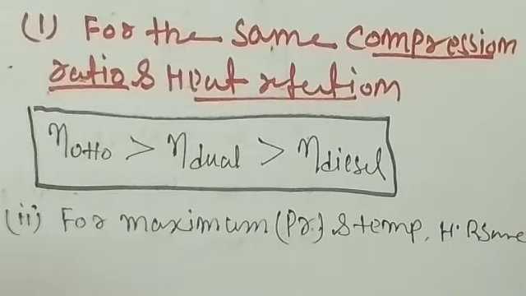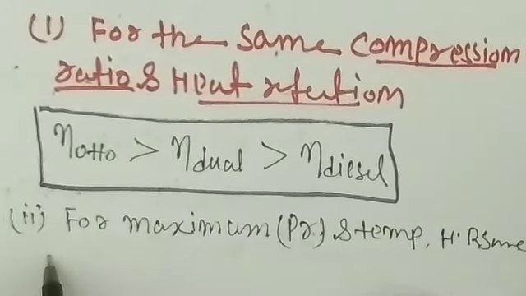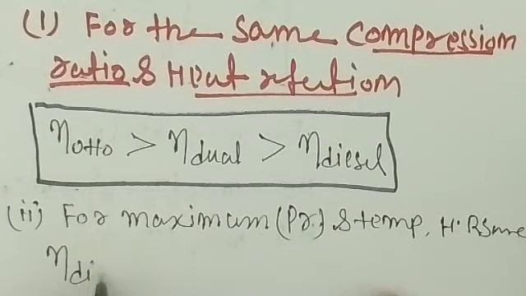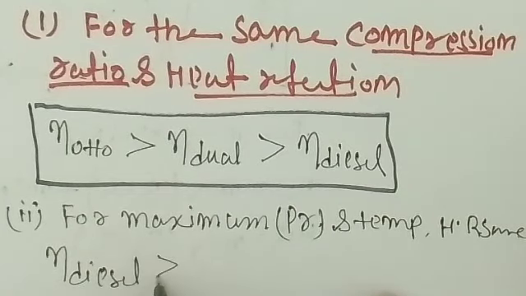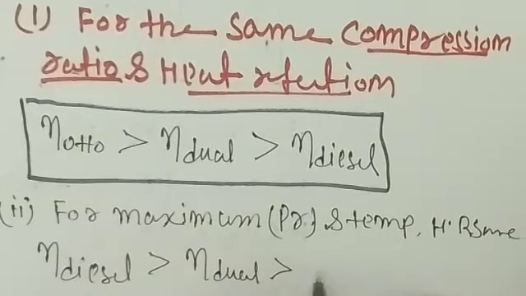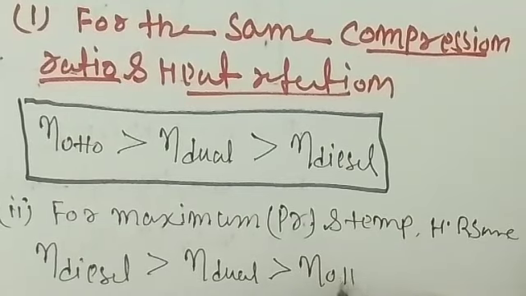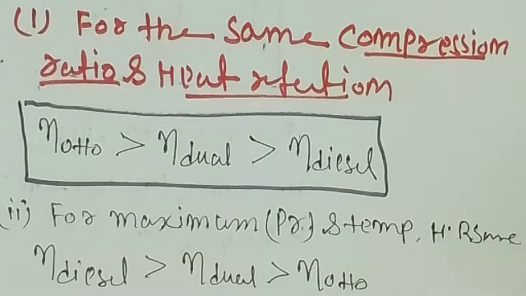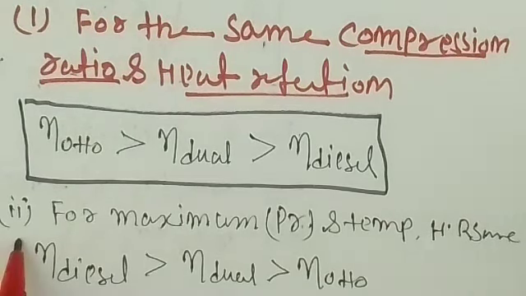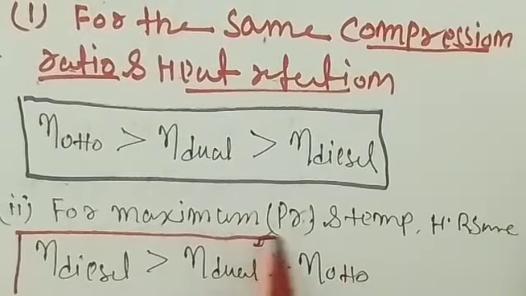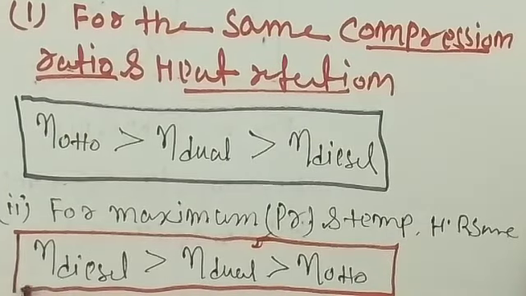In that case, the diesel will be more efficient than the dual and then Otto. So diesel is greater than dual cycle, which is greater than Otto cycle. When the maximum pressure and maximum temperature are the same with the same heat rejection, the diesel cycle is more efficient than the dual cycle, and the Otto cycle is the least efficient.